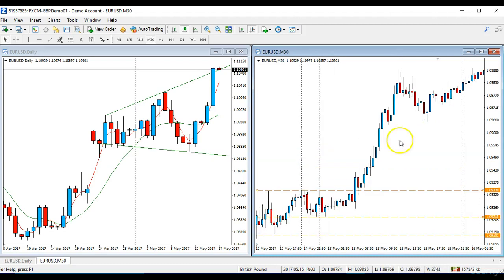It's about 5 to 6 a.m. Price bursts through this level here.